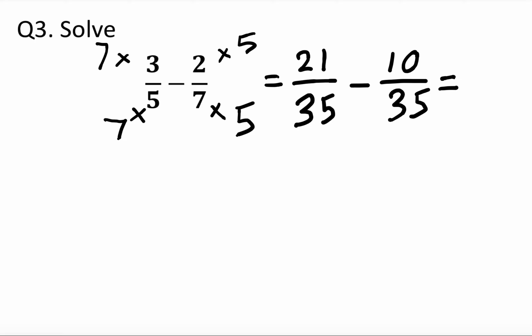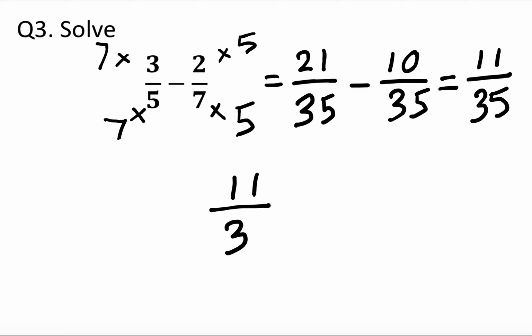So if we take 10 from 21, we've got 11 over 35. That cannot be simplified any further, so the answer for this one is 11 over 35.